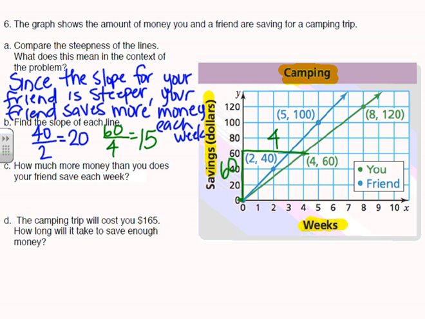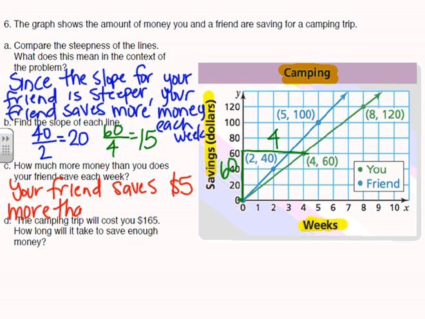Okay, so that means that your friend will save $20 a week. You only save $15 a week. So your friend saves $5 more than you each week.